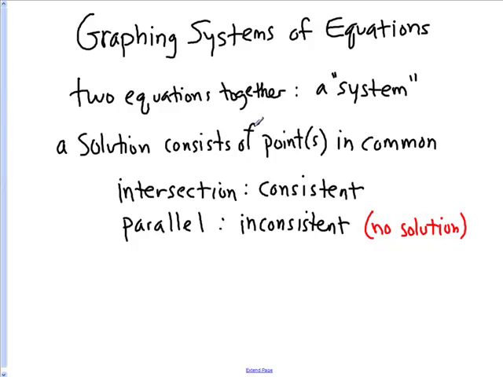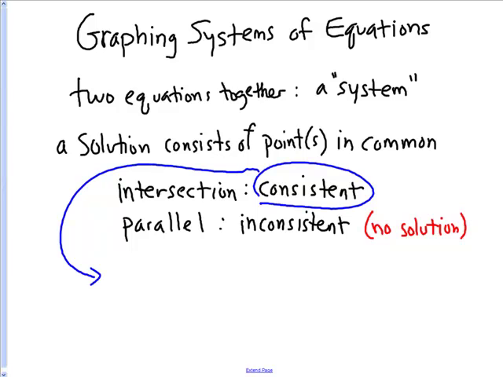Now let's take a look at this word, consistent. When a system is consistent, we have two situations under that: independent and dependent.